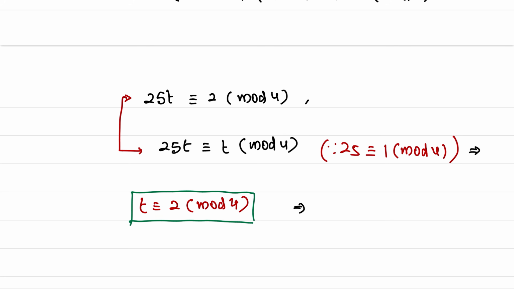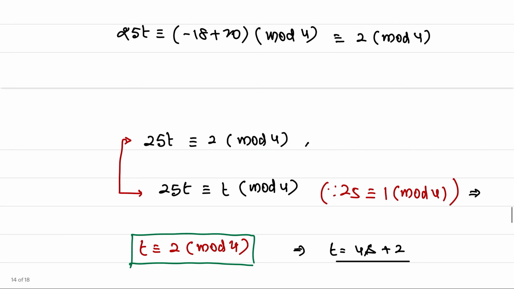That means t is equal to 4s, some value s, plus 2. Do you agree? When t is divided by 4, there will be a remainder 2. This is the value of t.